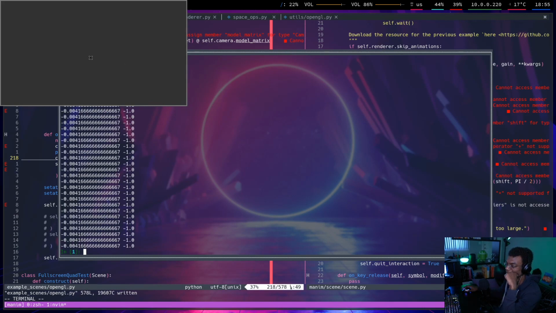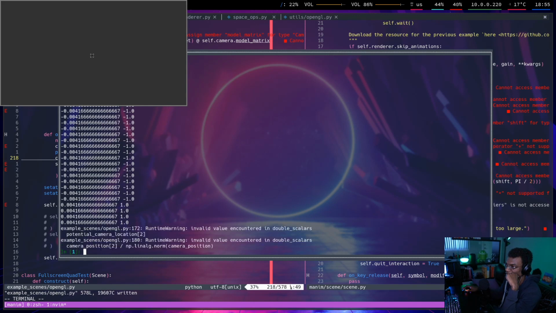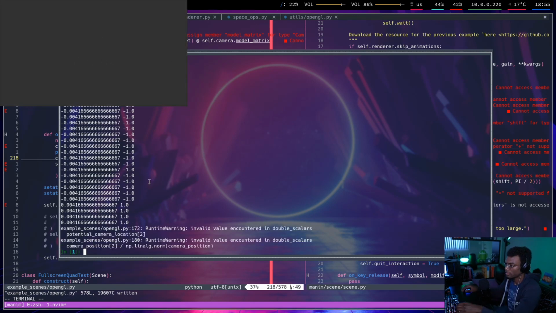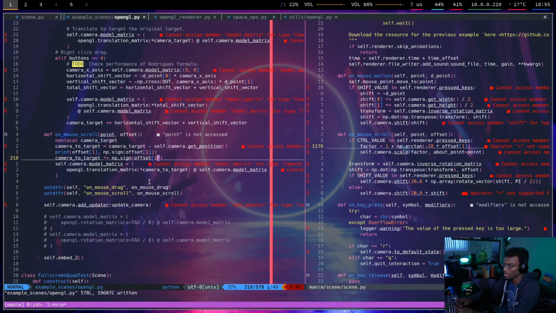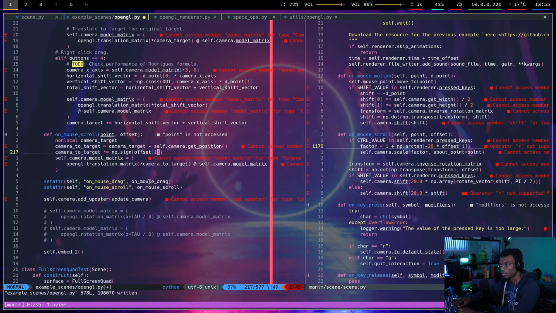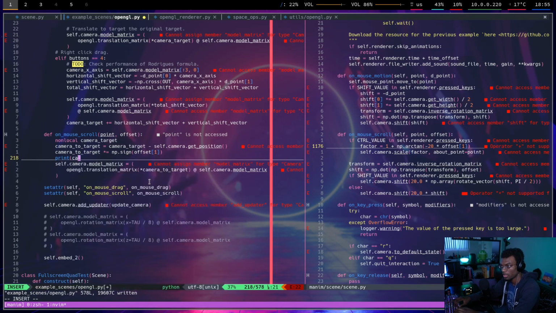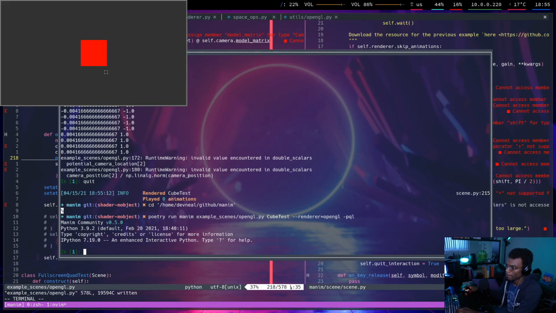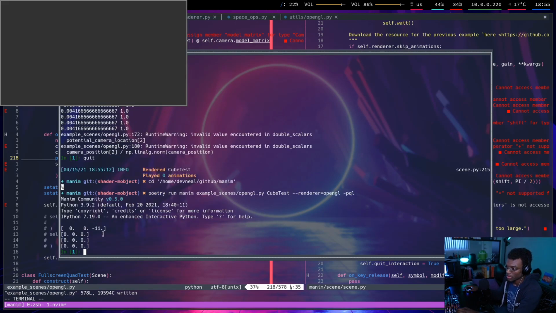Did it work? Well, my cube vanished, which might make sense if I'm moving by too much. Let me print the camera to offset again. To target. So it'll just shift it by 0, 0, negative 11.